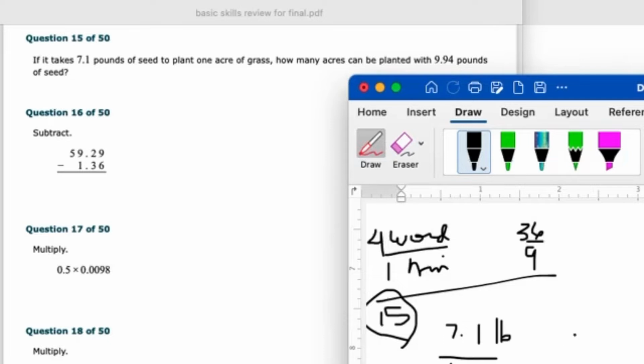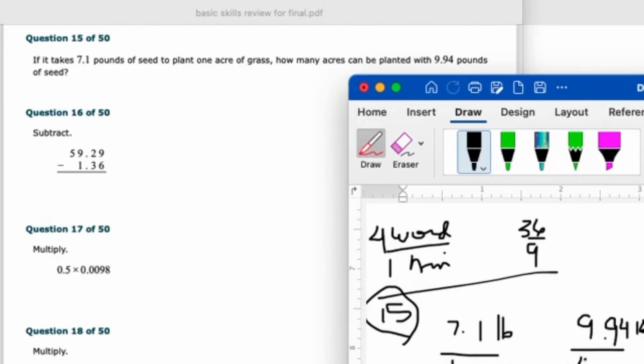And we're going to plant 9.94 pounds. Now we need the number of acres that could be planted. So we're going to cross multiply, aren't we?